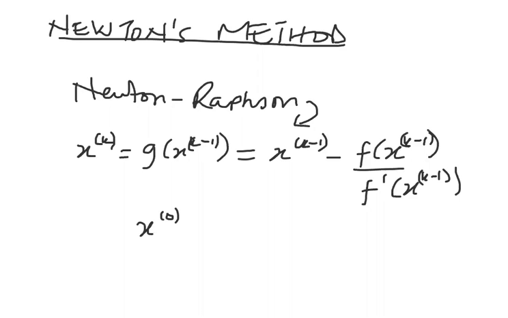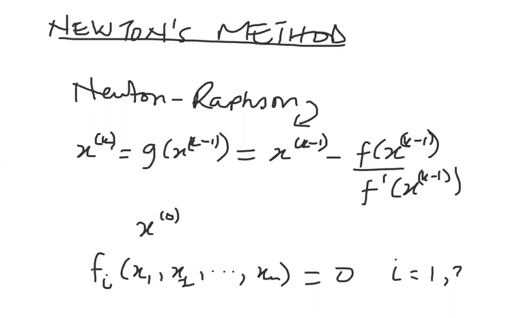Now, in this case, of course, we are solving a system of n equations in n unknowns. Maybe we can represent it in this way. We talked about this system on Friday. So we just try to see how we'll be able to use Newton's method. I have n equations, f_i, all of them equated to 0. We'll see how we can generalize the Newton-Raphson method, and this will give us Newton's method.